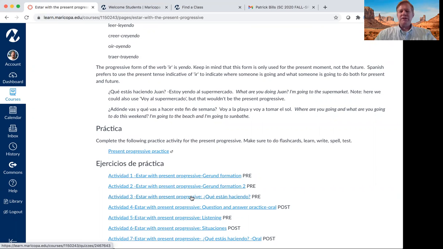You could say, for instance, tres personas están nadando. Una señorita está leyendo. Dos jóvenes están jugando fútbol. Varias personas están pescando, etc. So you could talk about describing a picture and using the present progressive to tell what everybody is doing.